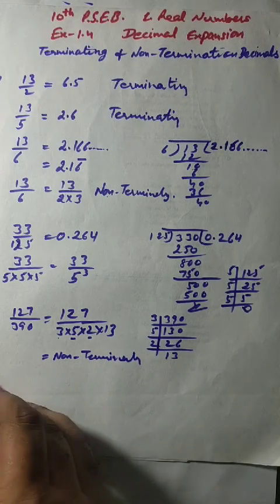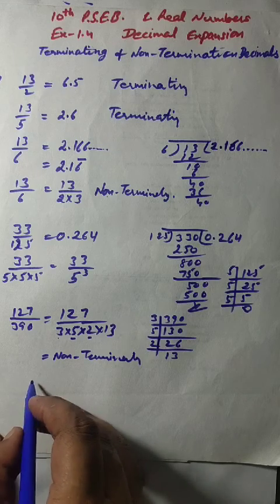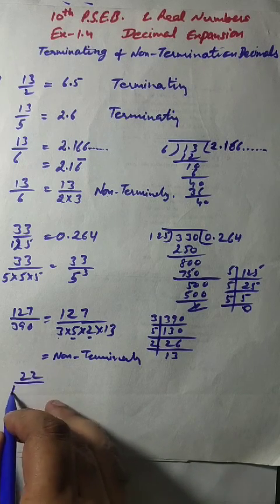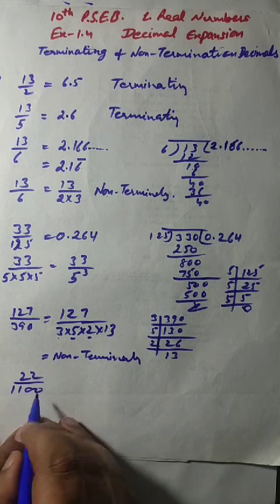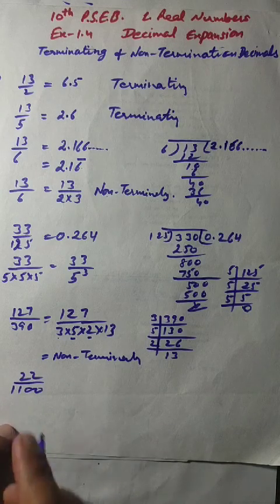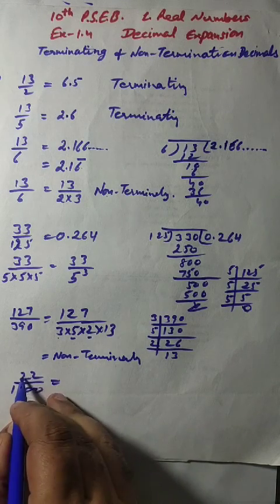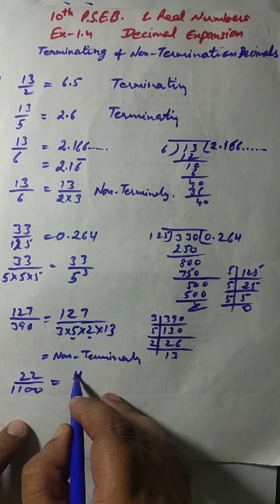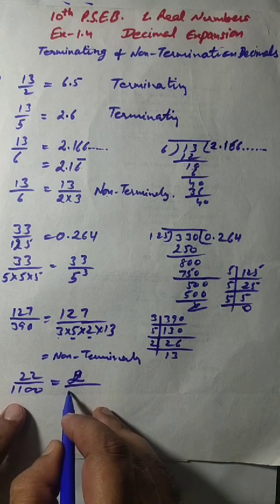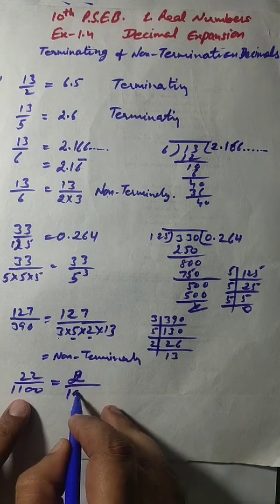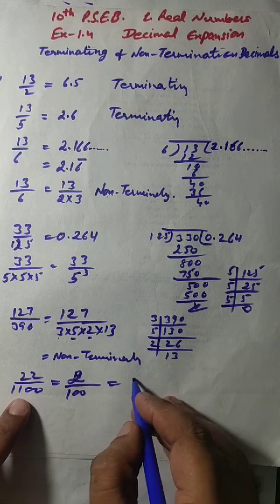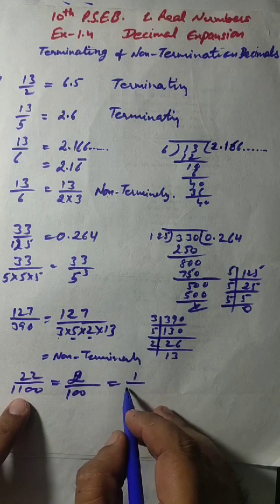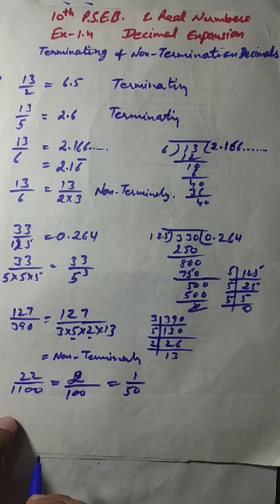Non-terminating. So let us check another example. We can check here the number. This is divisible by 11. This is again divisible by 2. We got 1 by 50.